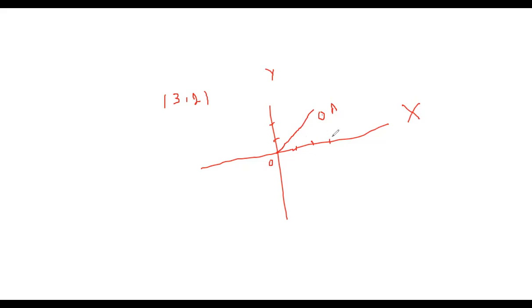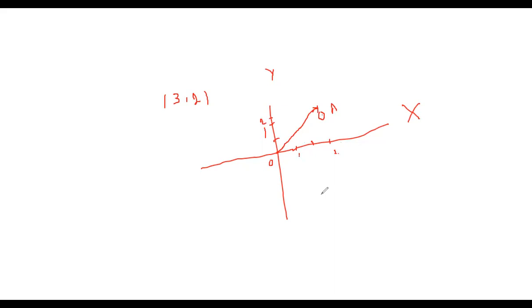I'm drawing it roughly, so you can draw on paper like that, from here up to here, and it's an arrow. This is 1, this is 2, and this is 3. So, student, OA is a vector in two dimensions because there are two ordered pair.